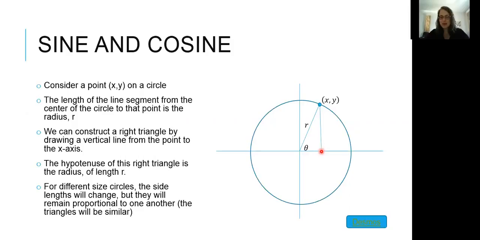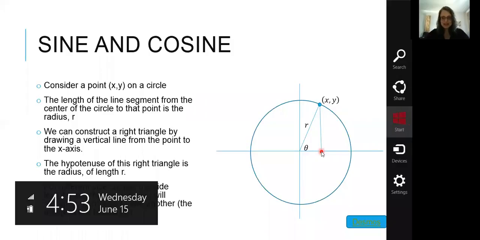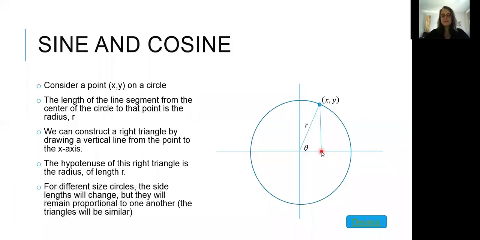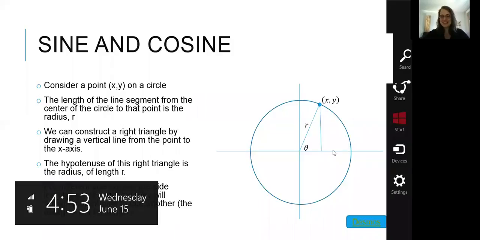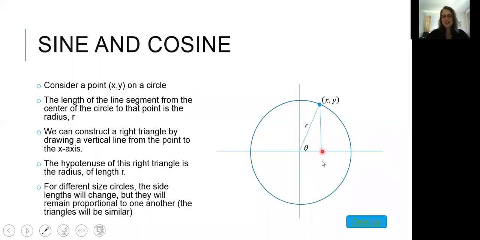And then the base of the right triangle is this distance right here. This distance is x, right? So the hypotenuse is r. The horizontal leg is x. The vertical leg is y.